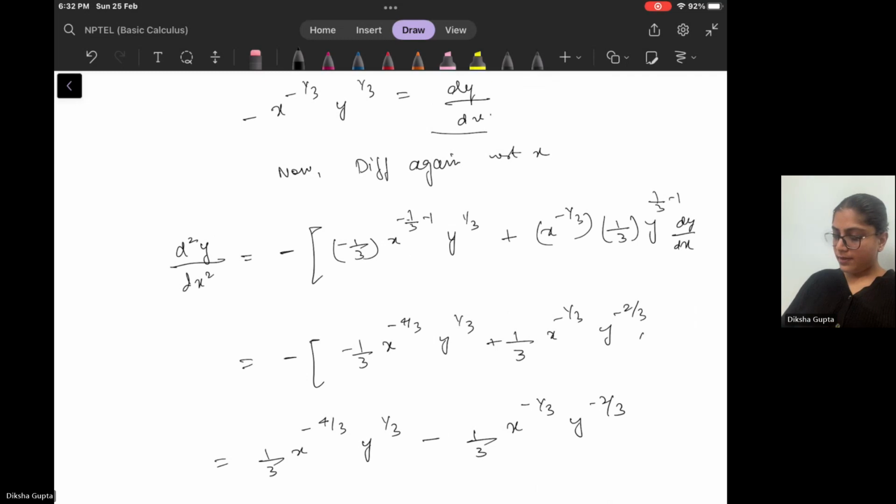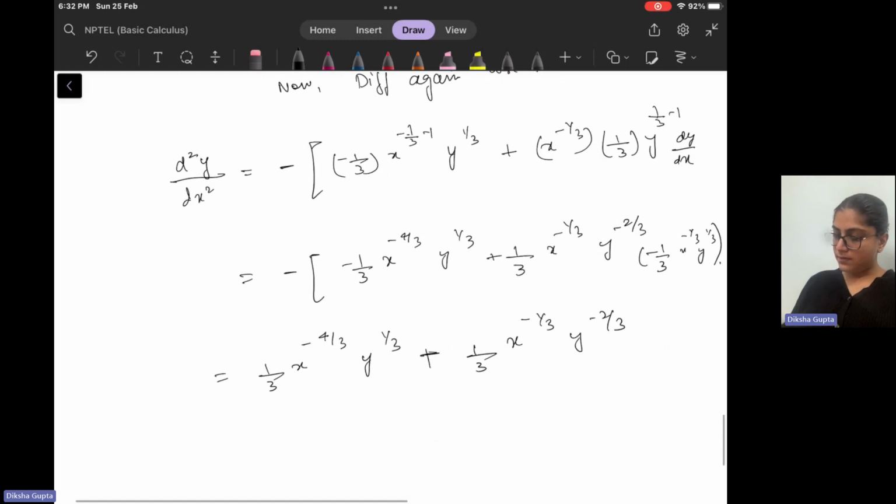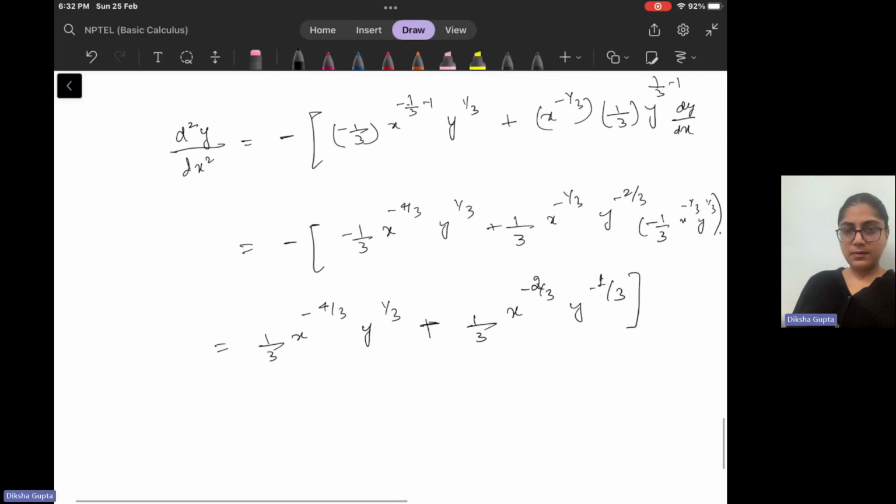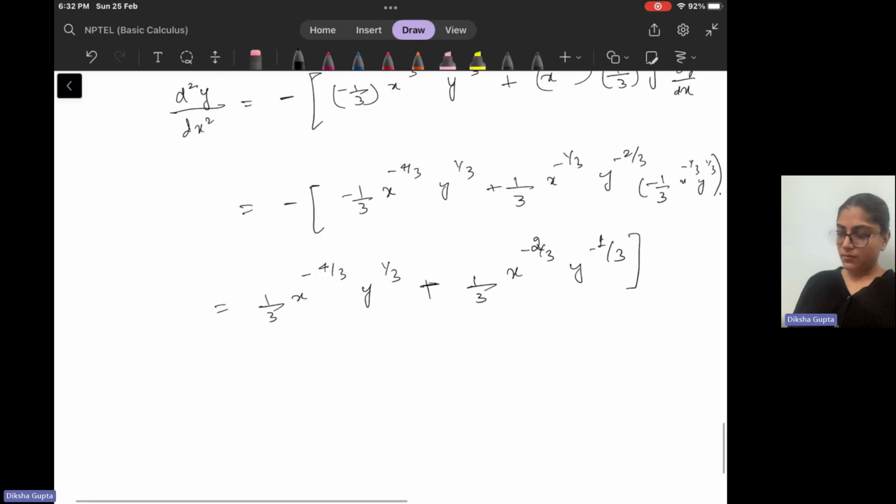This will be minus 1 by 3 x^(-1/3) y^(1/3), so this will be positive. Now adding the powers, x is minus 2 by 3 and y is minus 1 by 3. Sorry, a mistake. So finally you'll get 1 by 3 x^(-4/3) y^(1/3) plus 1 by 3 x^(-2/3) y^(-1/3).